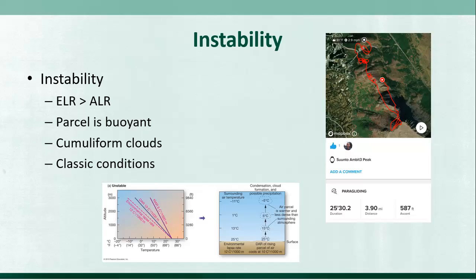If we look at this chart, it gives some examples of this. Here's the environmental lapse rate of the surrounding air temperature. Here is the air of that parcel being lifted up. Because the adiabatic lapse rate is less than the environmental lapse rate, that parcel of air is always warmer as it goes up, up, up.